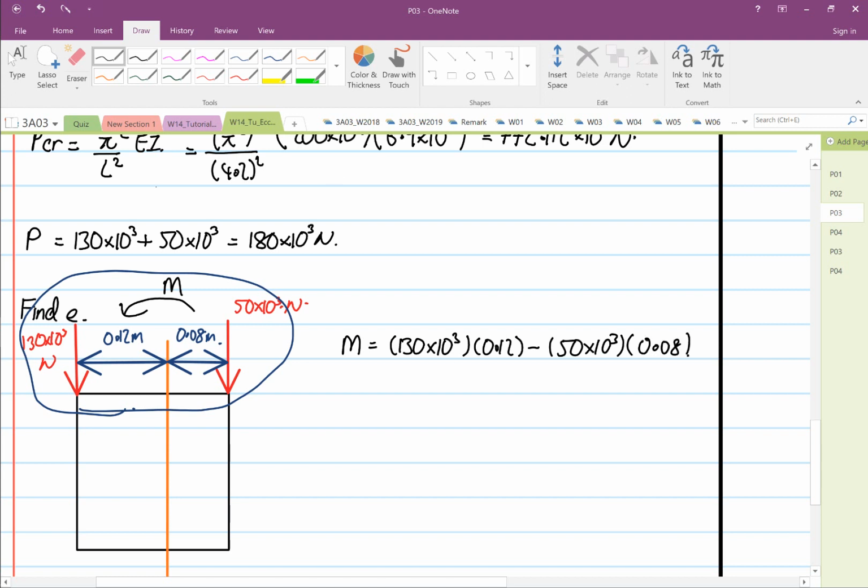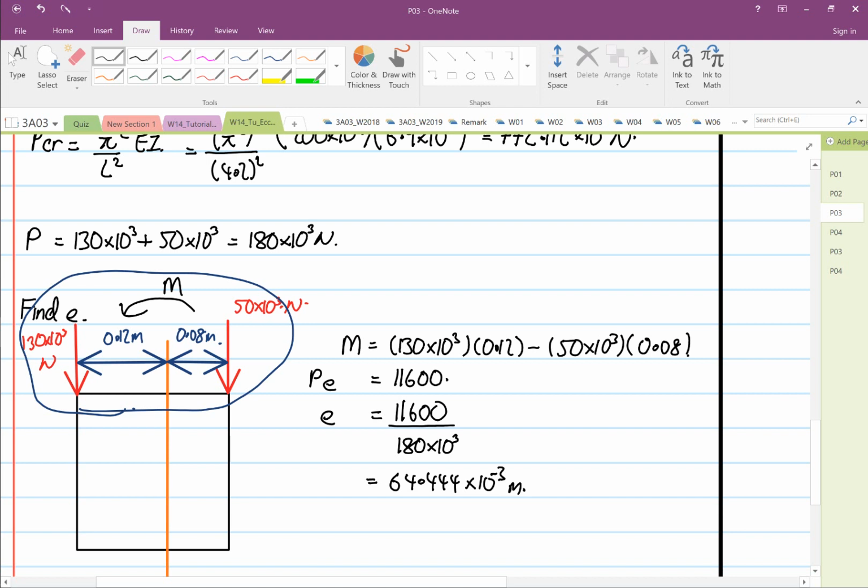And moment is P multiplied by E, so this will be equal to 11600. Then E will be equal to 11600 divided by P, which is 180 times 10 to the power 3. So the offset distance E is equal to 64.444 times 10 to the power minus 3 meters.